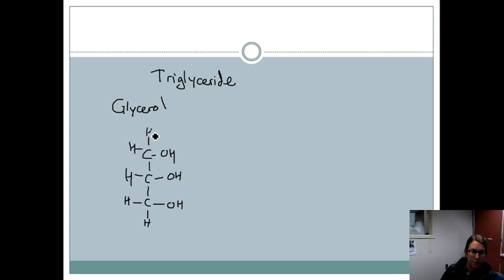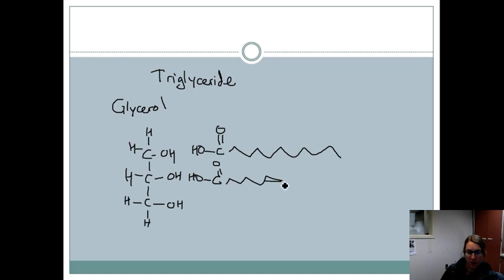And we already said that a fatty acid looks like it's got this C with a double bond to an O and an OH, and then it's got something hanging off the end that's just a bunch of carbons and hydrogens. So a triglyceride has a glycerol plus 3 fatty acids. So we're going to have 3 of these fatty acids. We'll make one with a double bond. And we'll make another one.